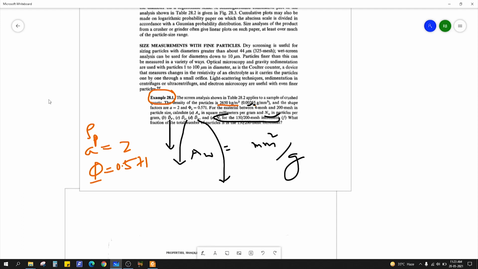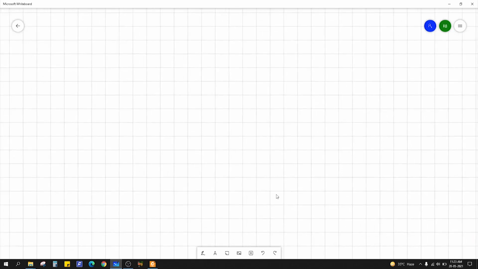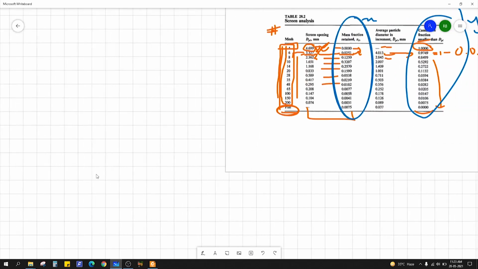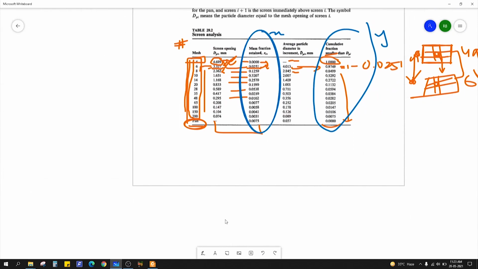If you see the table, here 150 and 200, it is written as 150 by 200. That means the mixture has passed through the 150 mesh size and got retained on 200.